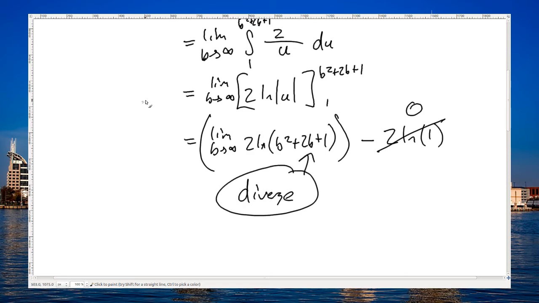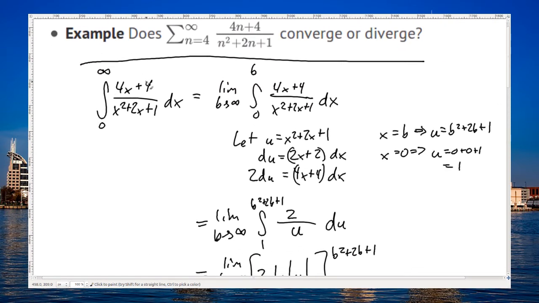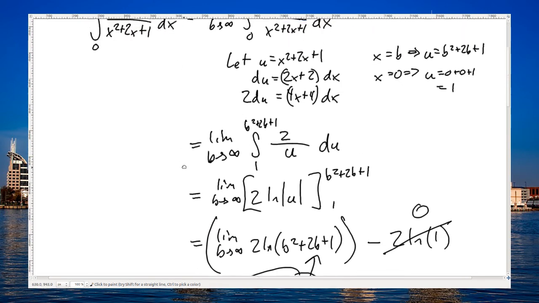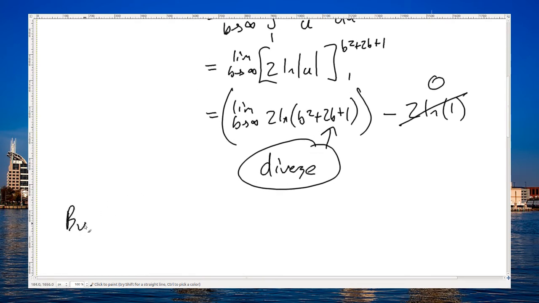Okay, that's good news. So at the end of the day, what happened? Well, I did a seemingly unrelated problem about integration, but the integral test tells me that if I take the improper integral, I figure out that it diverges. Well then, by the integral test, I do need to write this so that the person reading knows what's going on.